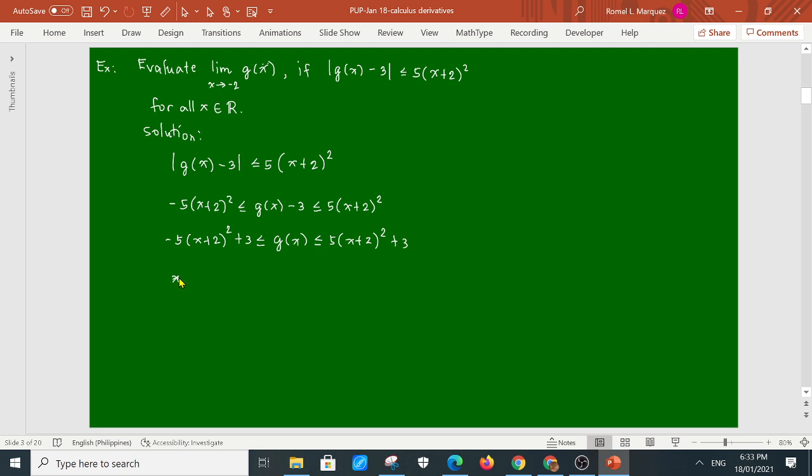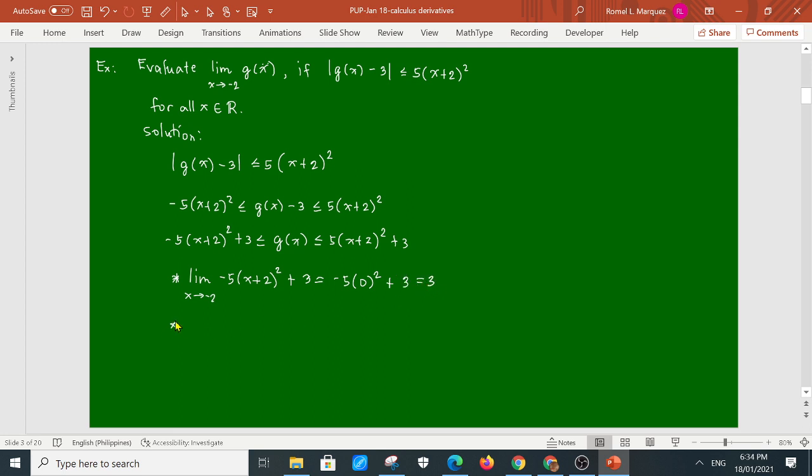We can now take the limit of the left side as x approaches negative 2 of negative 5 times x plus 2 quantity squared, and this is going to be 0, no? Itong first term, negative 5 times 0 quantity squared. Kasi negative 2 plus 2, plus 3. What is that equal to? 3.